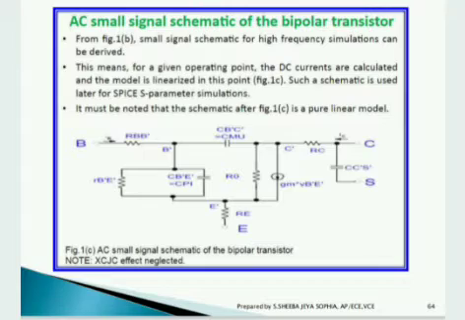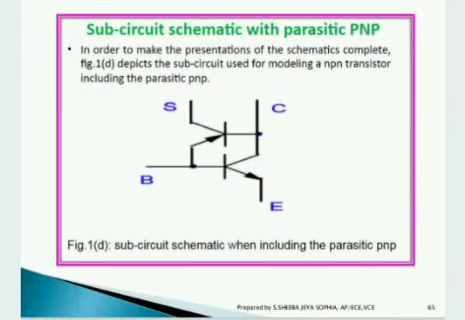To make the representation of schematics complete, here we have depicted the sub-circuit used for modeling an NPN transistor, including a parasitic PNP. So an NPN transistor is drawn with the parasitic PNP also injected along with it. This is the sub-circuit schematic when including the parasitic PNP.